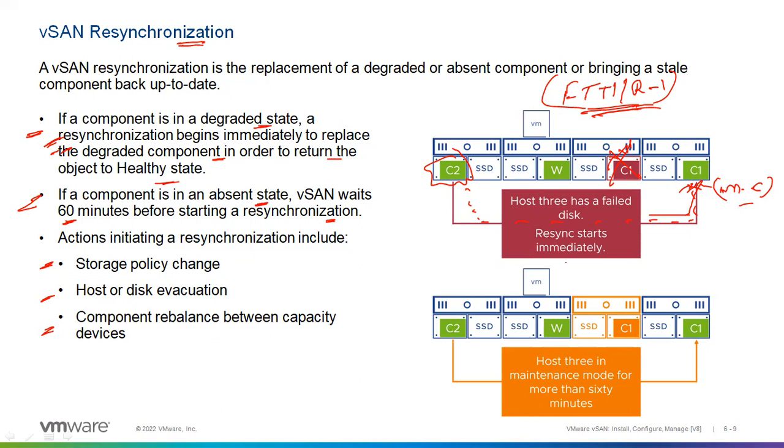Now, if this host does not come back within the 60-minute time, what will it do? It will start to build a new component. Now, if you ask, sir, what if it comes back at 62 minutes, but unfortunately it didn't come in time? That's not a problem.